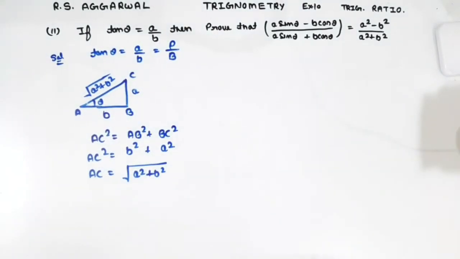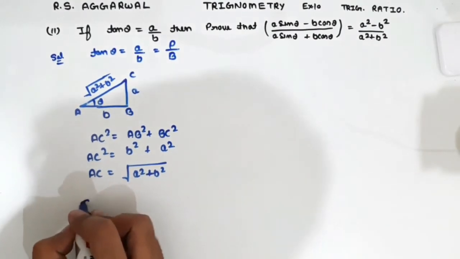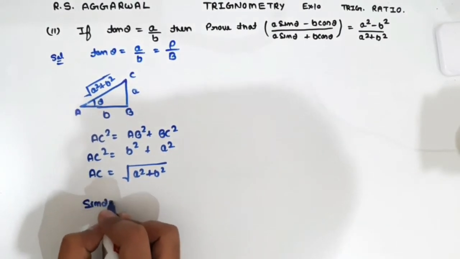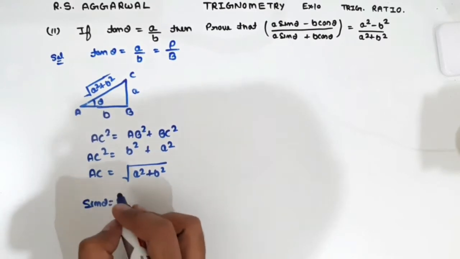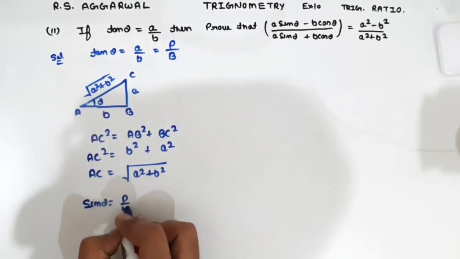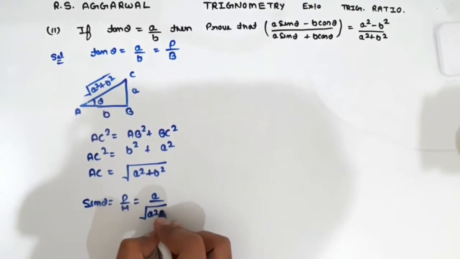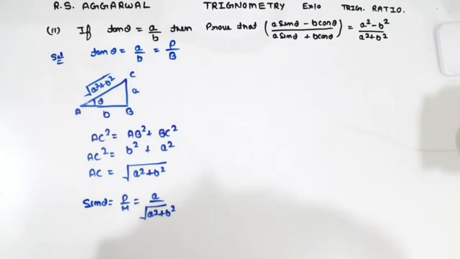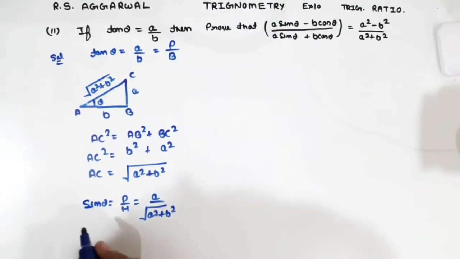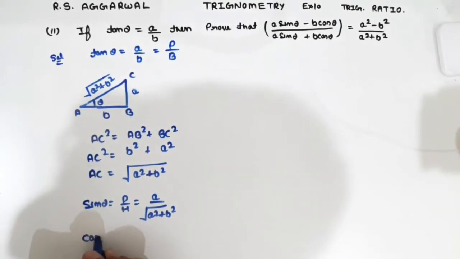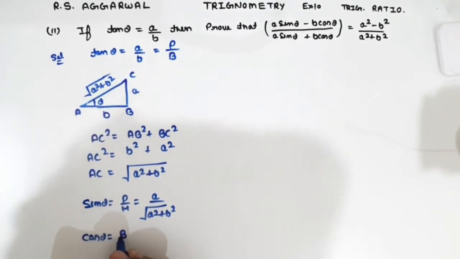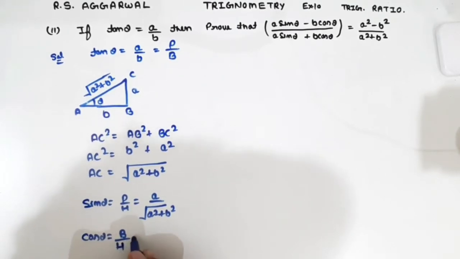Now we have to find firstly sin theta. So sin theta is given as perpendicular upon hypotenuse. So our perpendicular is A and hypotenuse is under root A square plus B square. Then cos theta is given as base upon hypotenuse.